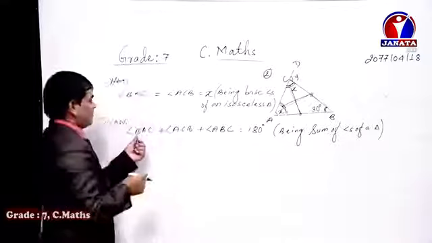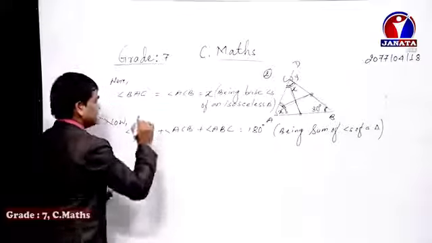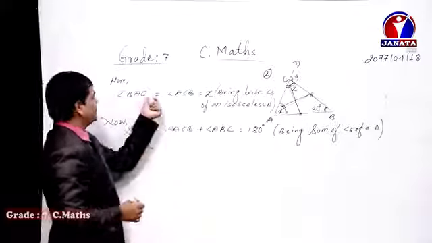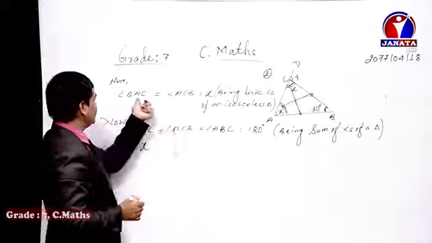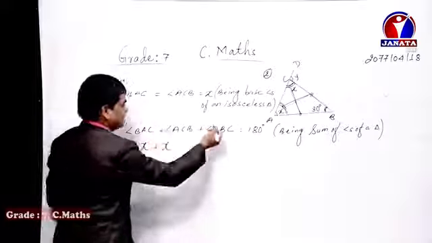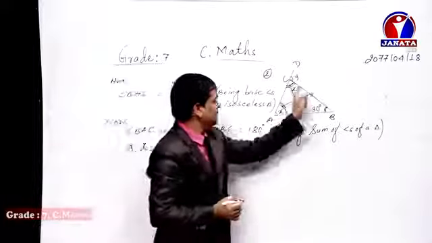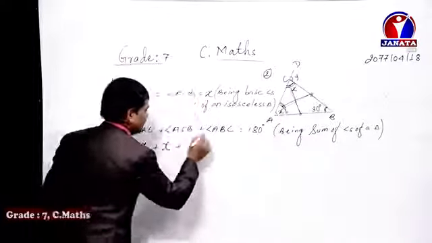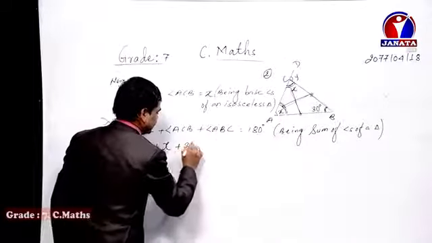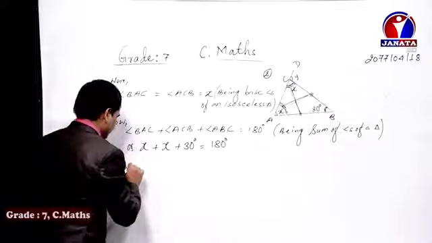Now what about BAC? BAC means x, isn't it? And ACB and BAC are equal to each other, so in place of ACB also you can write x. And ABC is mentioned as 30 degrees, so you can write 30 degrees in place of ABC. Now their sum is 180 degrees.